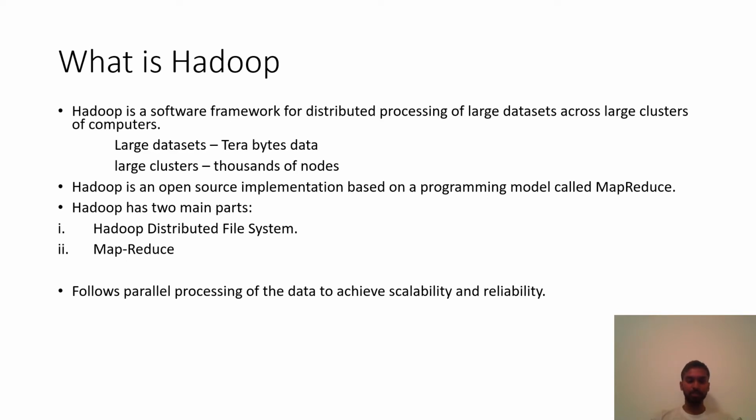Large data sets mean terabytes of data, and large clusters mean hundreds and thousands of nodes. Hadoop is an open source implementation, and it mainly has two parts: Hadoop Distributed File System (HDFS) and MapReduce.